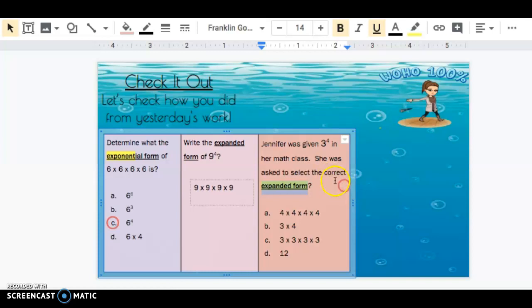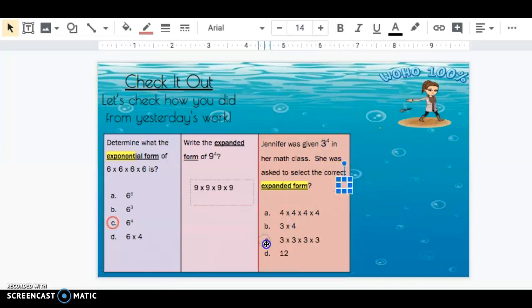So we are looking at what number is going to be repeatedly multiplied, which is your base. And 3 is your base. So looking at 3 here, that's the number that's going to show repeatedly being multiplied by itself. That 4 tells you you're going to do 3 times 3 times 3 times 3. So 3 times 3 times 3 times 3 would be C as your answer.